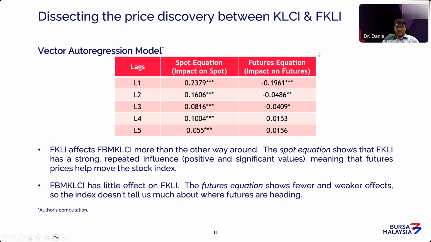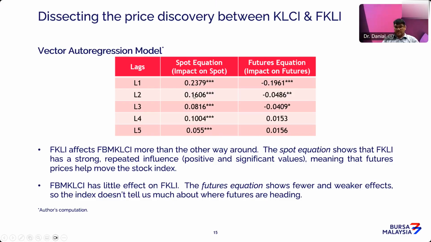Okay, how about the vector autoregression model? We are trying to model what will be the influence of historical return of KLCI and KLCI futures given first lag, second lag, third lag, fourth lag, and fifth lag. Overall, we can say that FKLI affects KLCI more than the other way around.